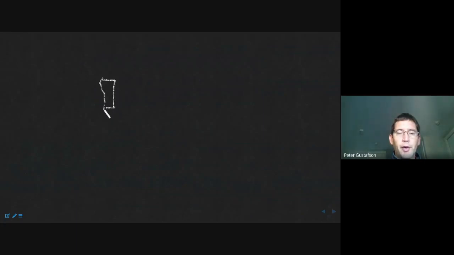I took this free body diagram cut, and here's my resultant V. Here's the distributed load in the limit as dz goes to 0. If we're taking moments on the right-hand side, what do we get? Well, we would say it's the distributed load times dz over 2 as the moment arm.